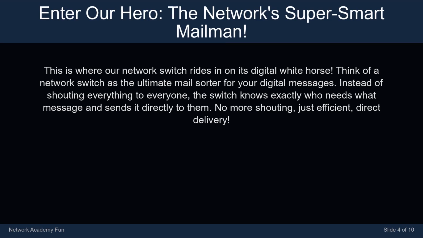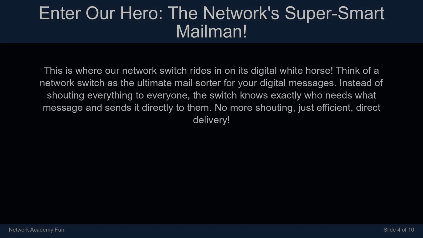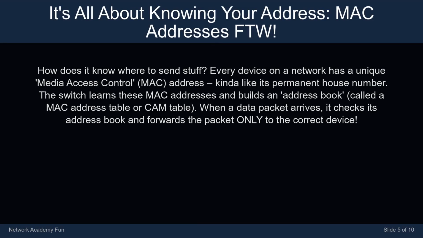Think of a network switch as the ultimate mail sorter for your digital messages. Instead of shouting everything to everyone, the switch knows exactly who needs what message and sends it directly to them. No more shouting, just efficient, direct delivery. How does it know where to send stuff?